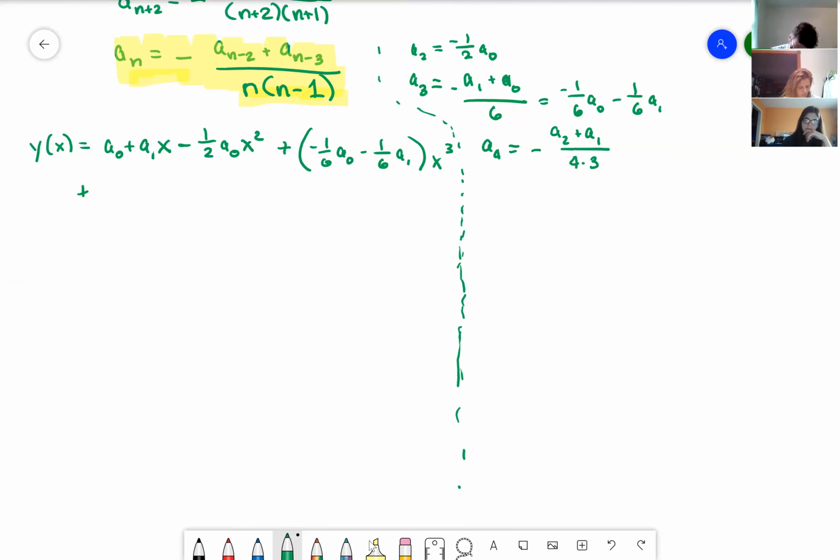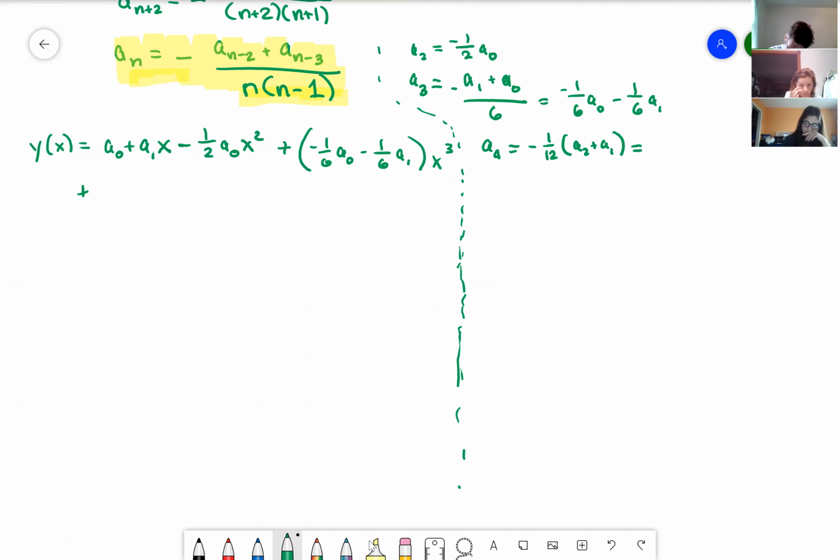Okay, now actually, I am going to change a little bit how I'm writing. Negative 1/12 times a2 plus a1. That way I can distribute it out a little easier.